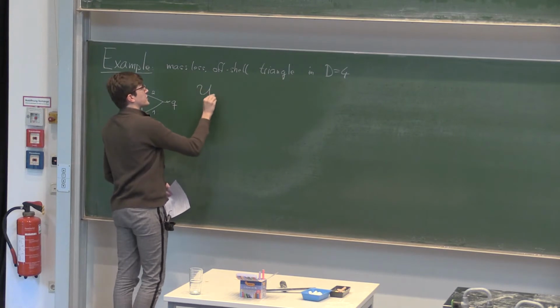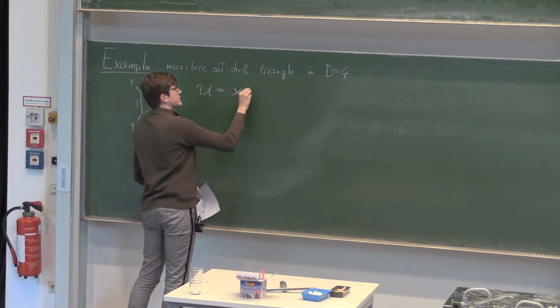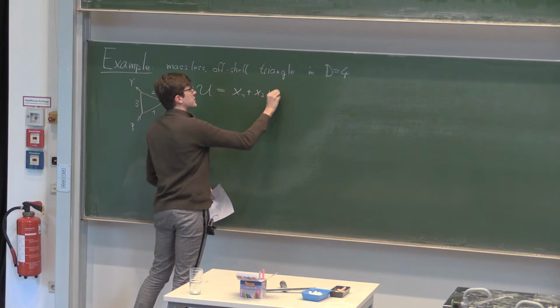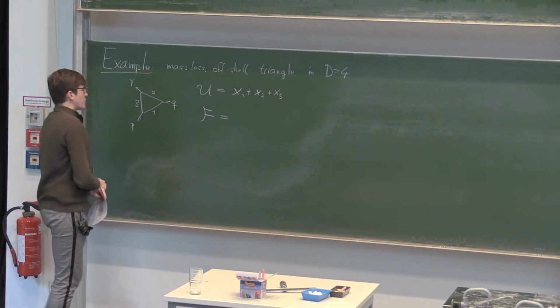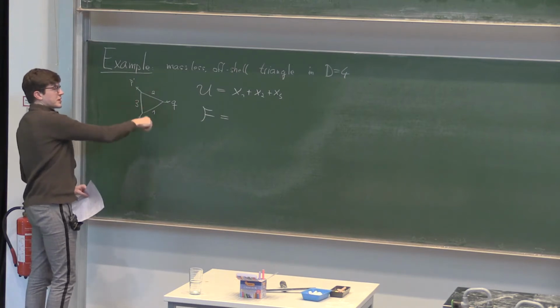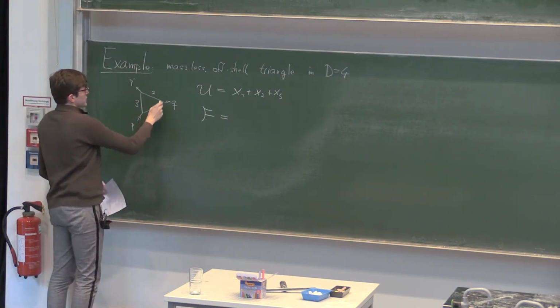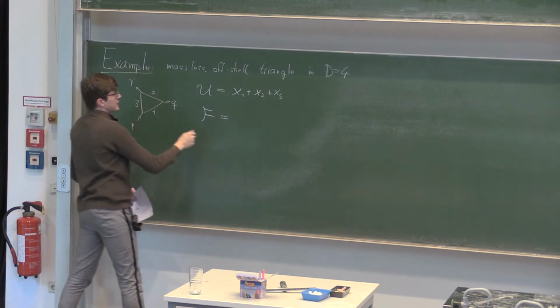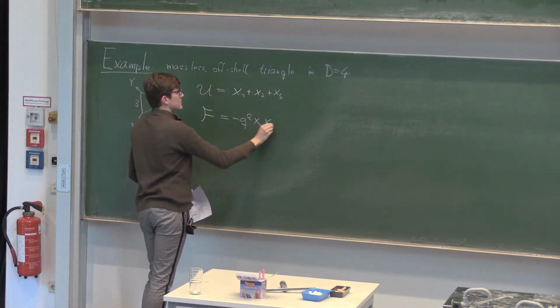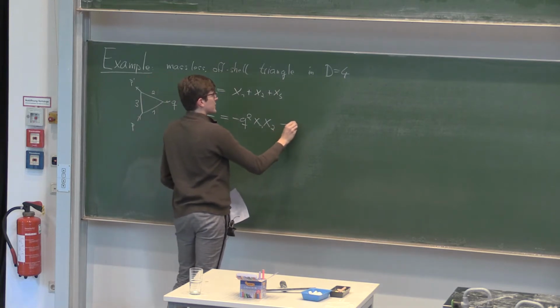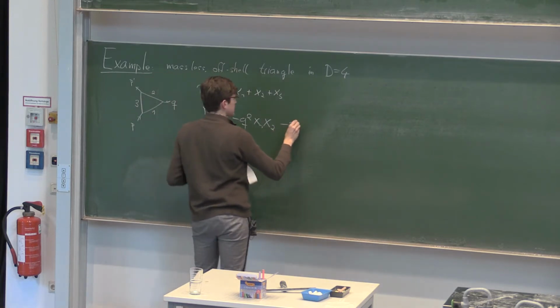So what are the graph polynomials? For a one-loop graph, the first one is always just the sum of the 3 Schwinger parameters. And the F polynomial, we discussed this last time. You do these 3 ways of cutting it. If you chop off q, you have to delete x1 and x2. If you chop off this vertex, you have to delete x1 and x3.